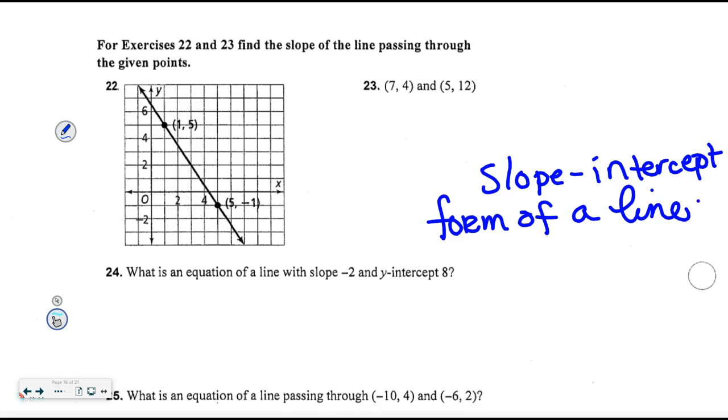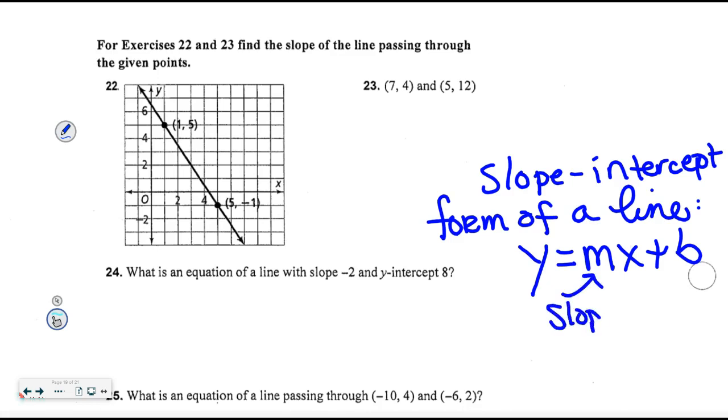You're going to write this. Y equals mx plus b. Good with that? This is the slope. This is the y-intercept. So we'll point at them.